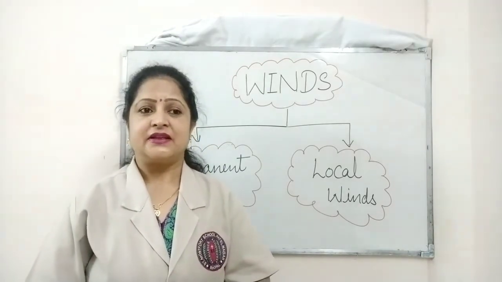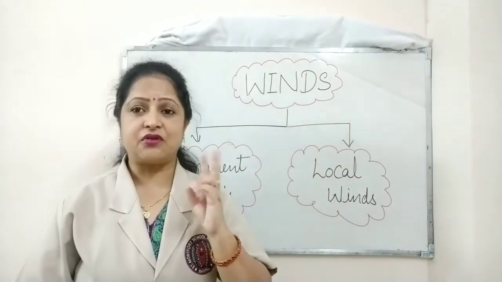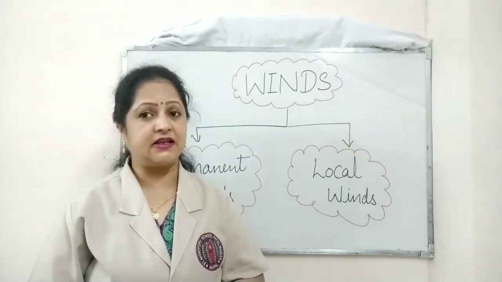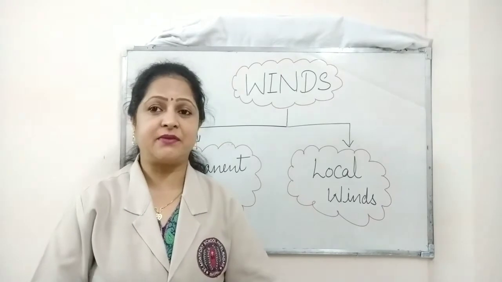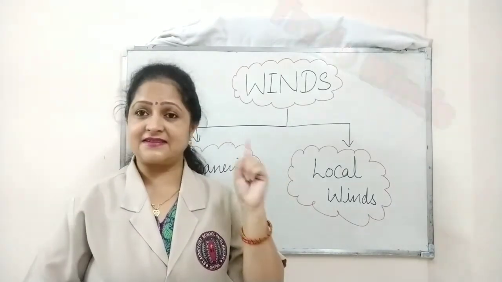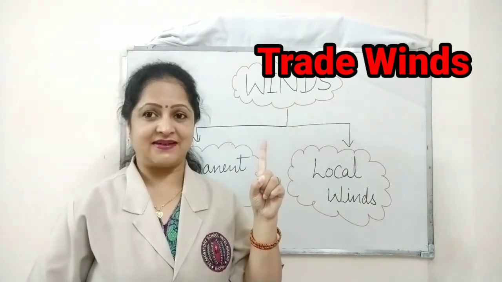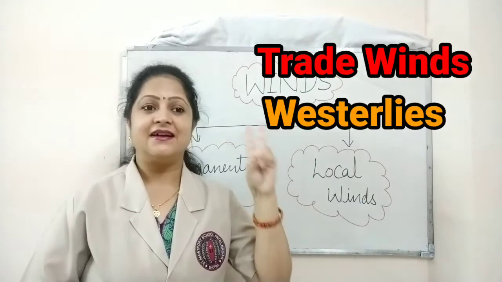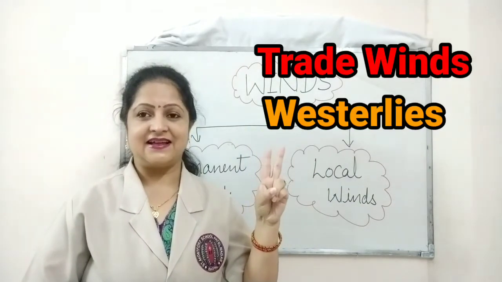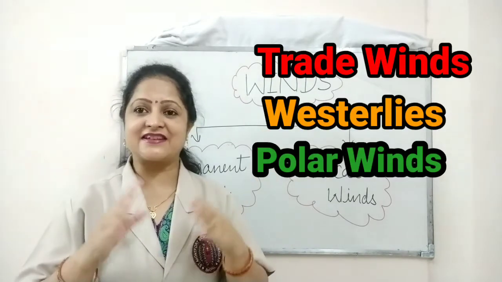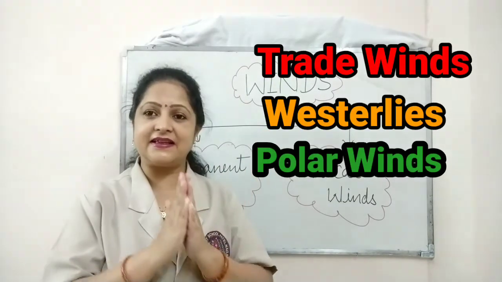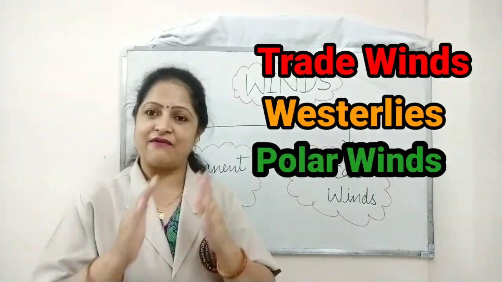There are mainly three types of permanent winds: first the trade winds, second the westerlies, third the polar winds. Now I will explain all these three permanent winds one by one.